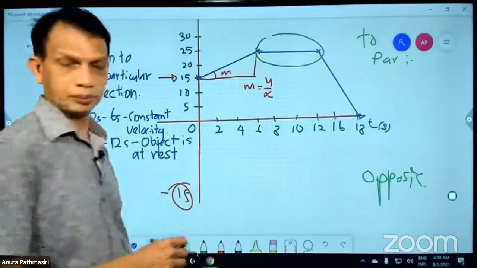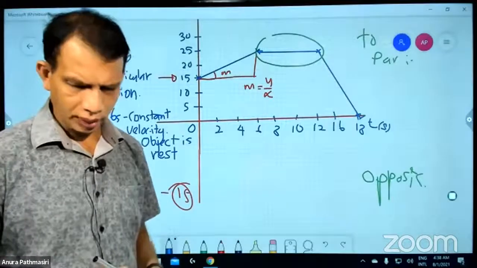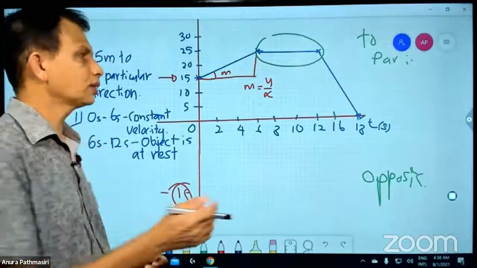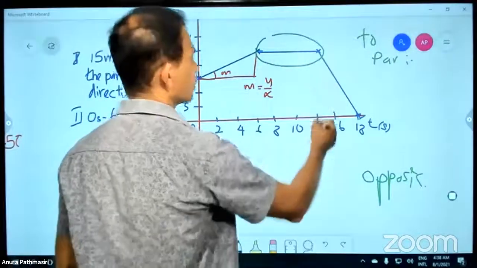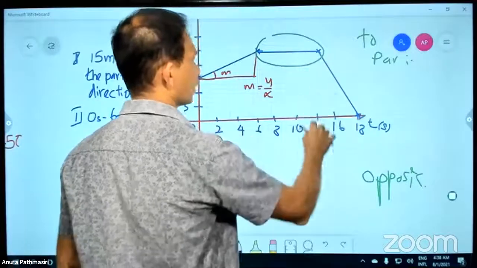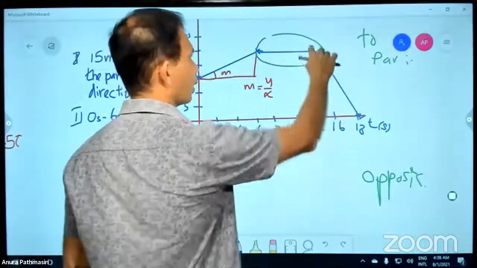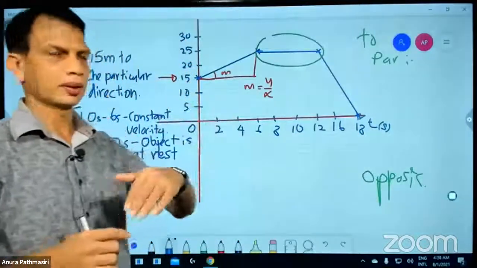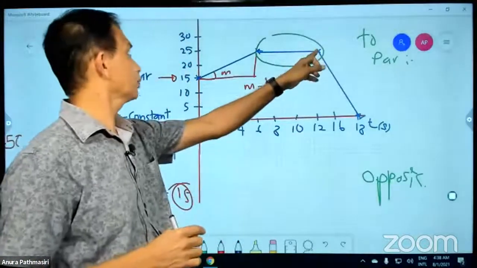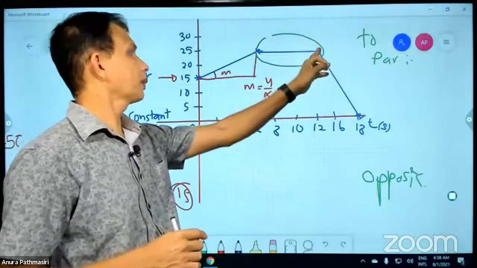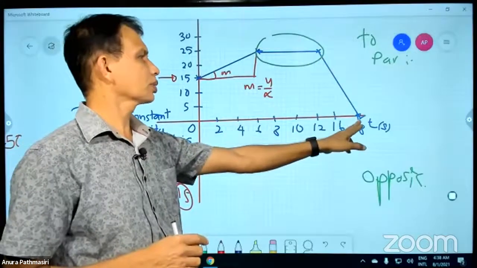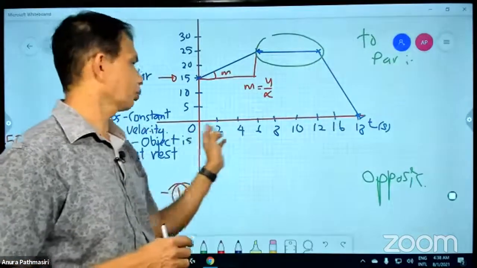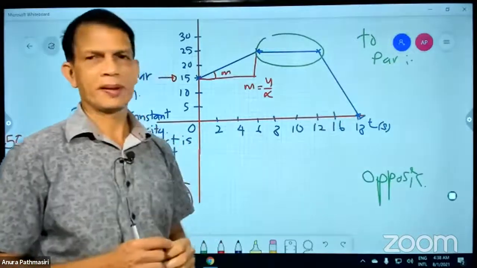My next part is 12 second to 18 second. There you can have the declining, reducing. The 25 displacement is brought back to the 0 position of the displacement.